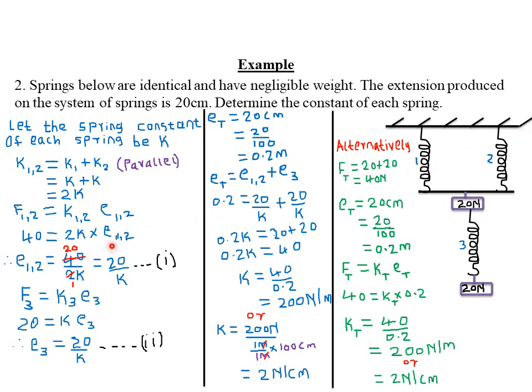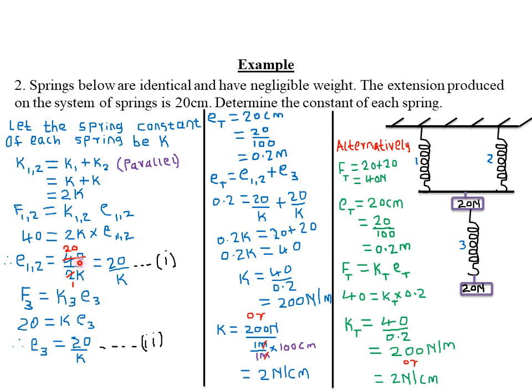If I make the extension the subject of the formula, I divide both sides by 2K. So you get 40 over 2K being equal to 2K divided by 2K times E1,2. But 2K divided by 2K cancel out, so you remain with E1,2. Therefore, the extension due to spring 1 and 2 will be equal to 40 divided by 2K.